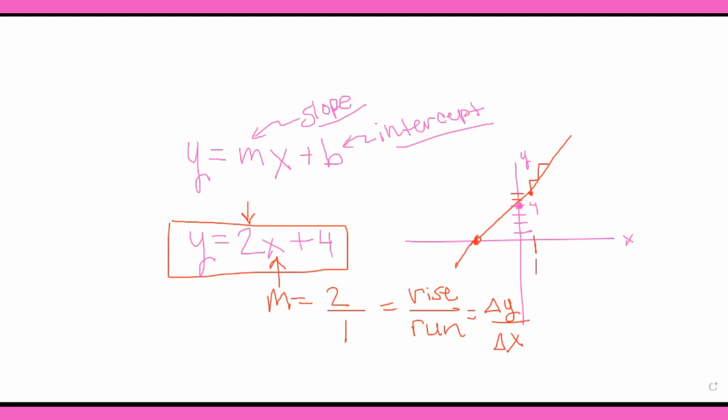If I plug in 1 for x, that would be 2 times 1 is 2 plus 4, that would be 6. And that makes sense because I went up 2 here. So that's when y is 6 and I went over 1. So this point here is 1, 6. When x is 1, y is 6. So that is the slope-intercept form, mx plus b.